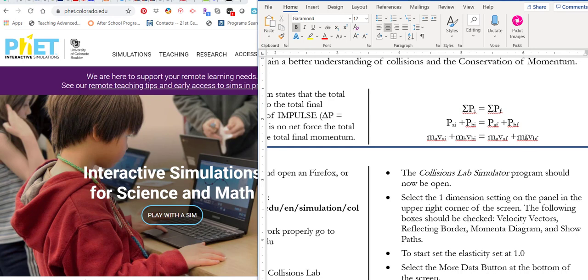So they move separately off. This would be an example of two pool balls. If you're playing pool, they may be moving before they hit together, and then they're going to move separately after they interact. So this is for a perfectly elastic collision.